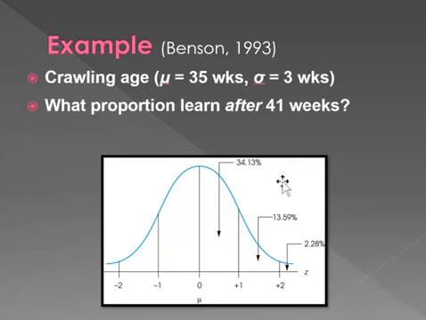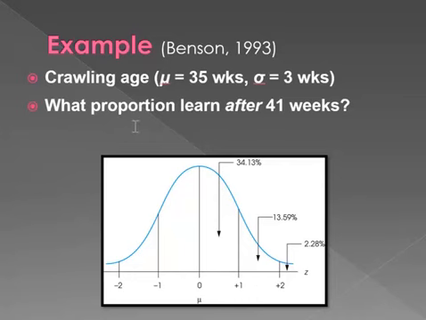We'd want to label where that is, and plus 2.00 standard deviations is here. And the question is asking, what proportion learn to crawl after 41 weeks? And this is where it gets tricky. When you're trying to figure out that proportion, you have to ask yourself, am I trying to find the values to the right of the mark that I put through the distribution, or am I trying to find the values that are to the left?